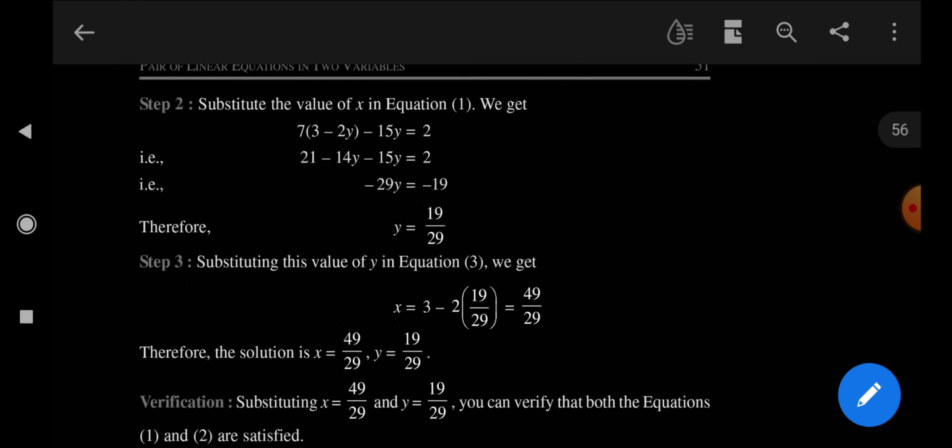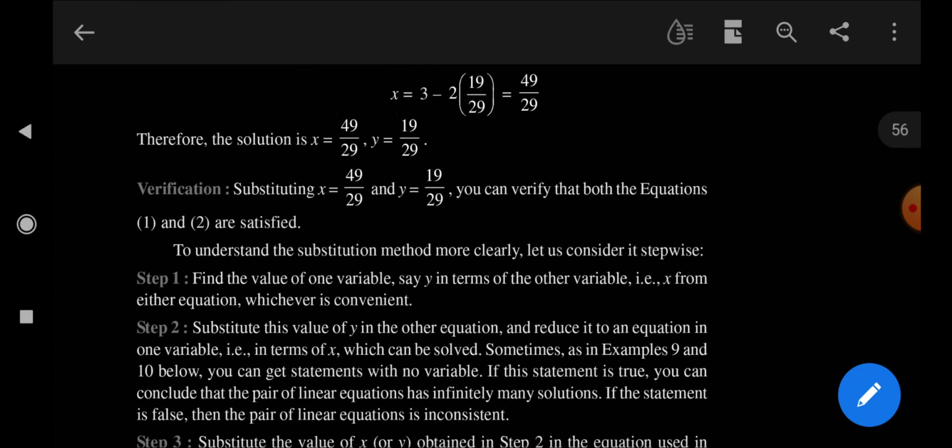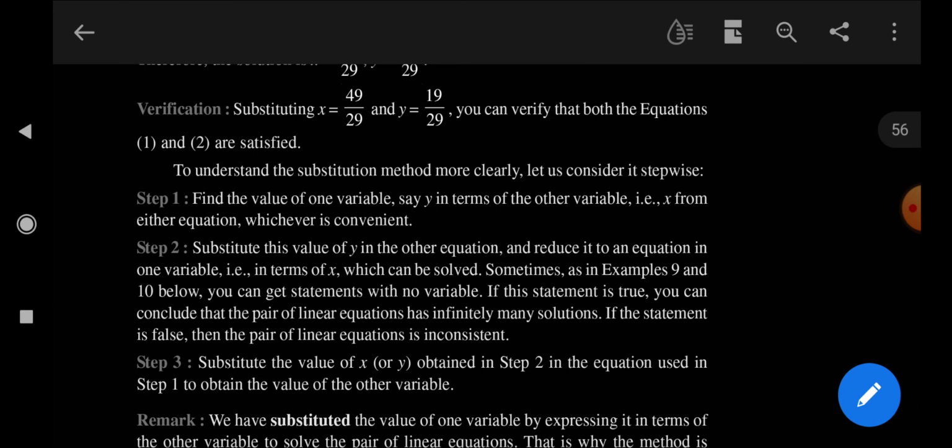Substituting this value of y in equation 3 we get x is equal to 3 minus 2 bracket 19 upon 29 bracket close is equal to 49 upon 29. Therefore, the solution is x is equal to 49 upon 29 and y is equal to 19 upon 29. Verification. Substituting x is equal to 49 upon 29 and y is equal to 19 upon 29, you can verify that both the equations first and second are satisfied.